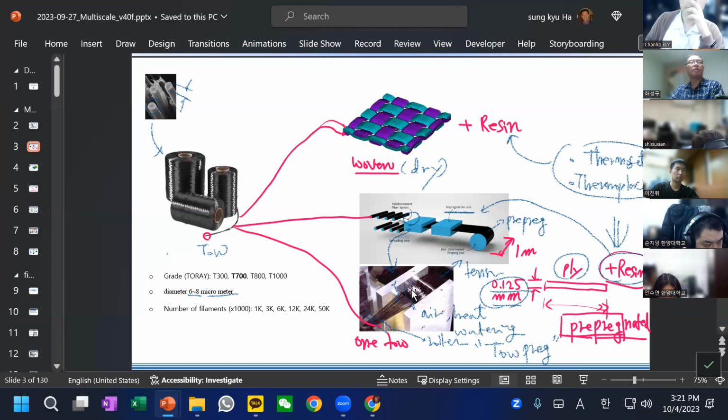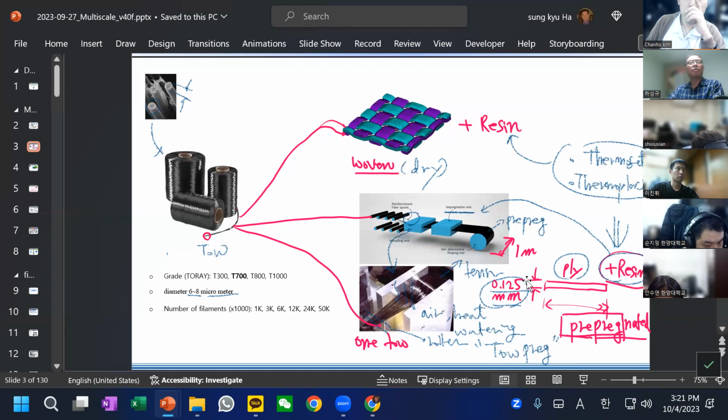Again, here one of the most important procedures is the spreading of the tow. There is air spray, some moisture spray, and many mechanical vibration methods. So this one tow can be well spread, and then it can be as thin as 0.1 to 0.5 millimeter.